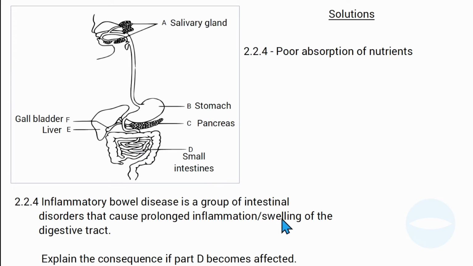So if there is swelling in the small intestine, there will be poor absorption of nutrients, and some of the particles will not be digested. These are the consequences if someone is affected by this condition, and this is what happens in part D. So this is the end of this question.